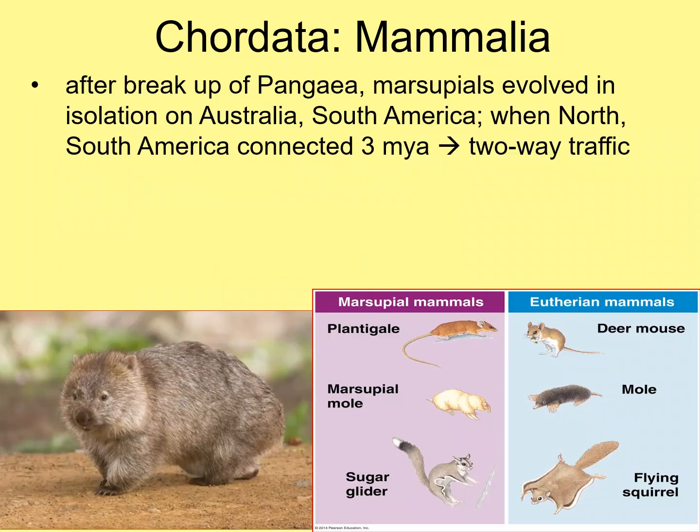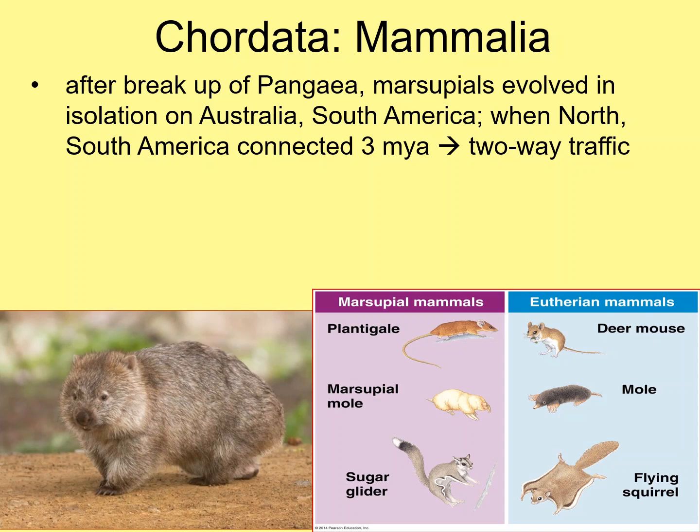So after Pangea broke up, right, we had that one big giant landmass in the middle, all the continents connected together, and then they start to break up. So we have continental drift, and North and South America leave Africa and Europe and start drifting away. And at some point, Australia drifts away from the continent of Africa.